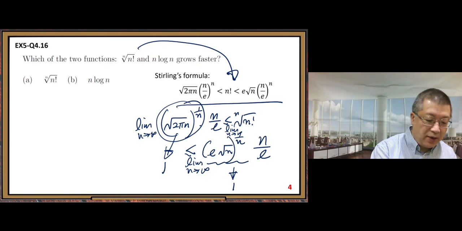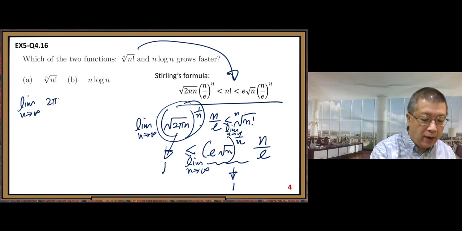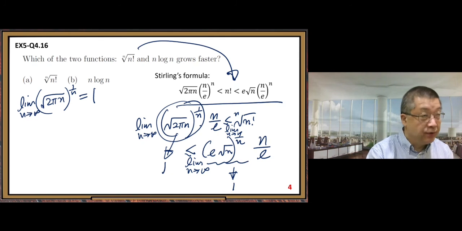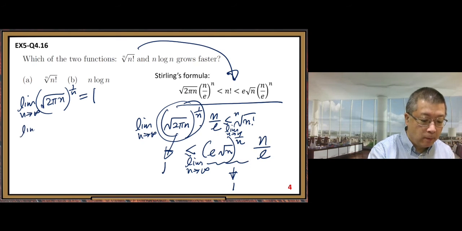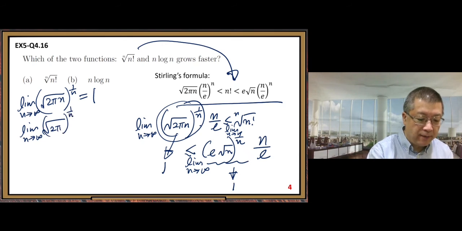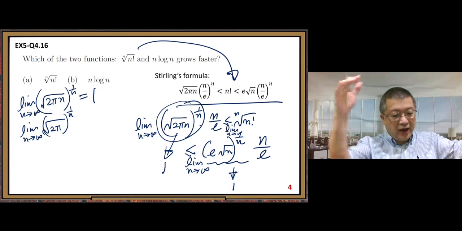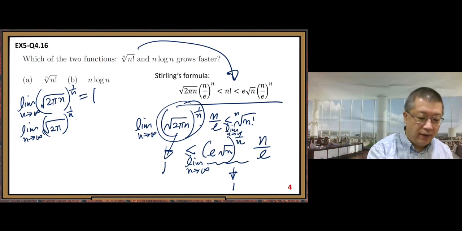Can you see the limit of the nth root of 2 pi n goes to 1? You can look at the two parts. The first part, 2 pi, is a constant number; you take the nth root, n goes to infinity, that is 1.